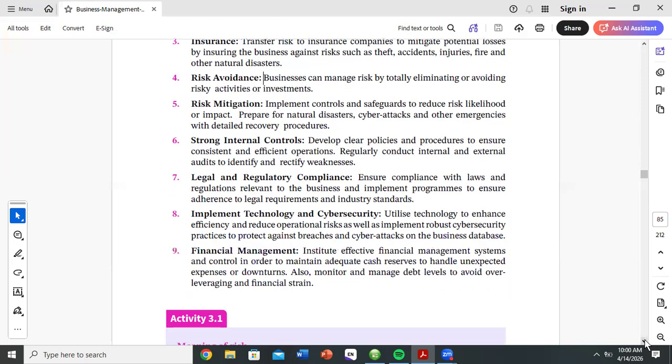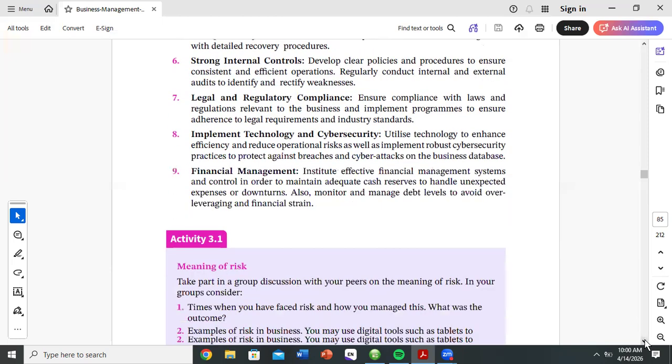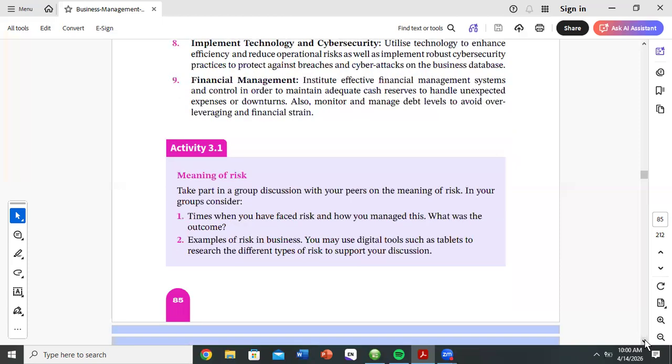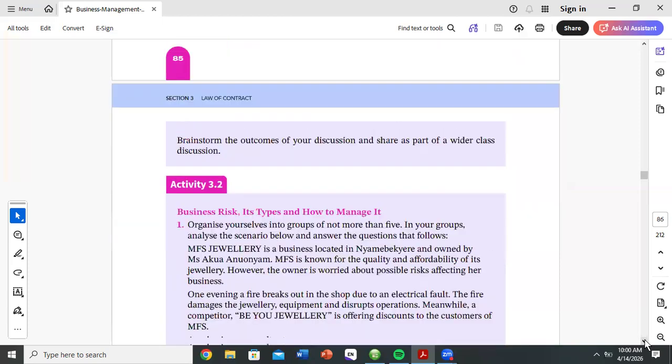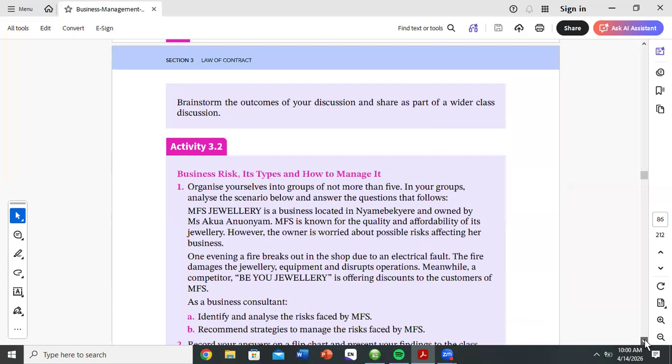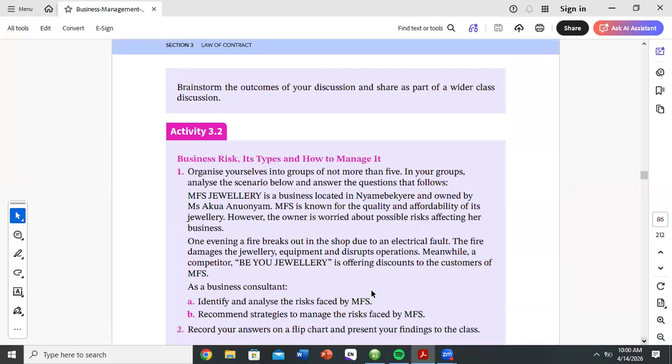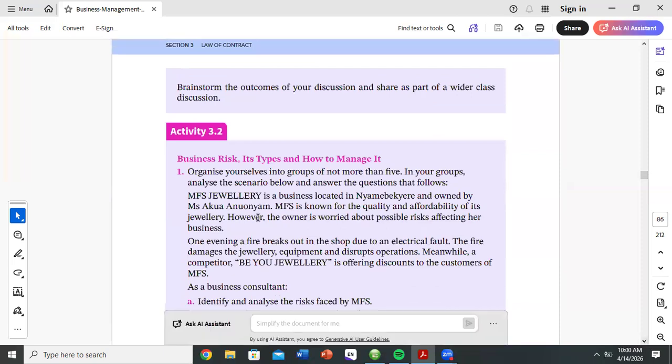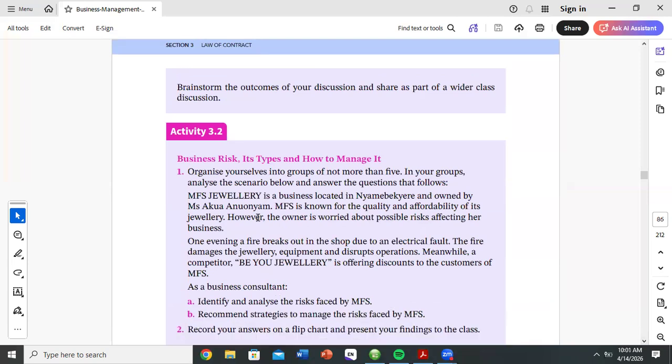So those are the bits that we saw about managing risks. So your manual gives some case study here. I think we'll read it together and try to brainstorm and look at some of these issues there. So who is going to read for me?